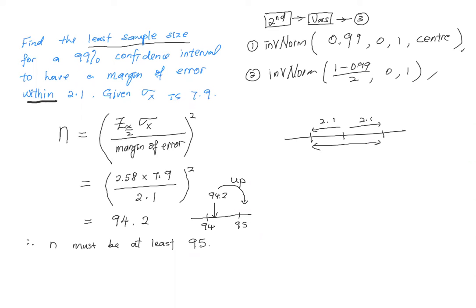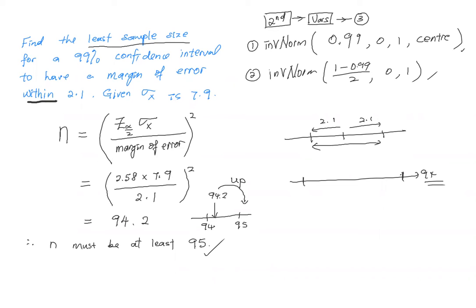So if you take 94, it will be out. Your confidence interval will be bigger because the sample size is smaller. Are you clear? So you must always round up. So the sample size must be at least 95. Get me?